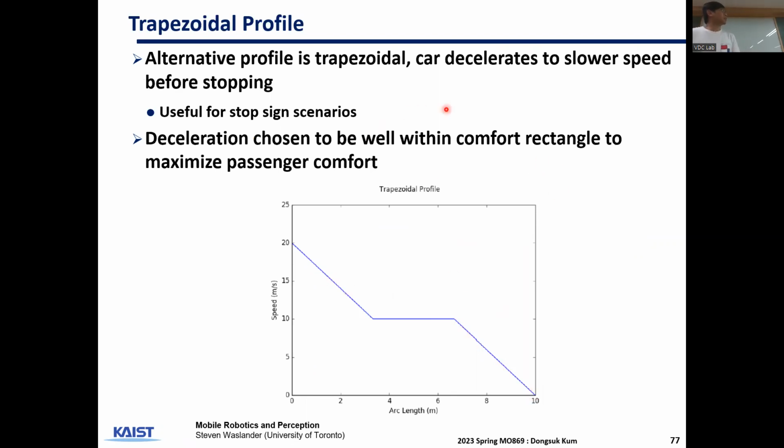In this example, the car decelerates to a slower speed before stopping, and this is useful for stop sign scenarios. And the deceleration of this profile, similarly to the linear ramp profile, you need to choose in order to comply with the comfort rectangle for maximum passenger comfort.